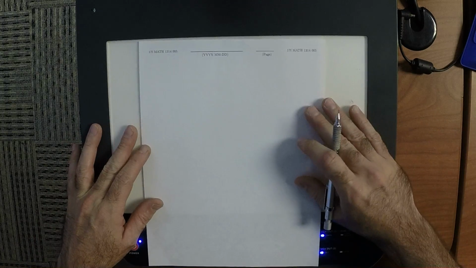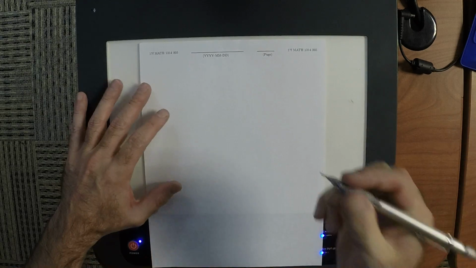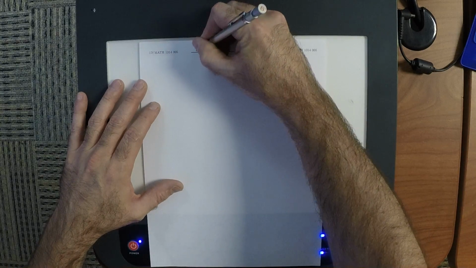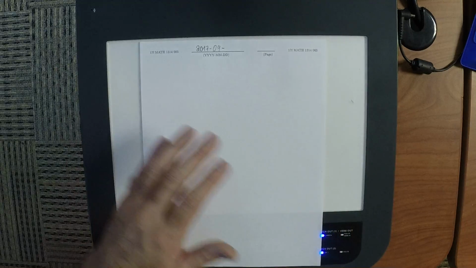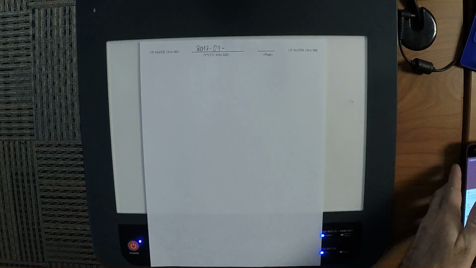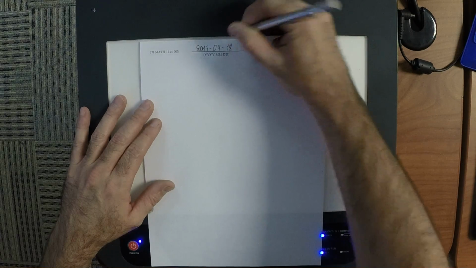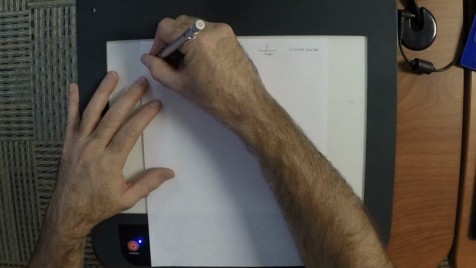So last time we were talking about linear models. So let's do that a little more. Today's the 18th. Okay. So here's an example.